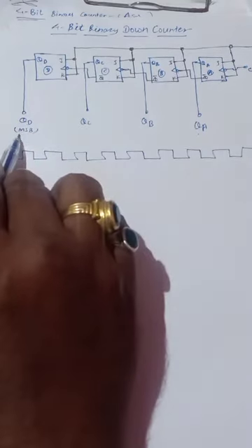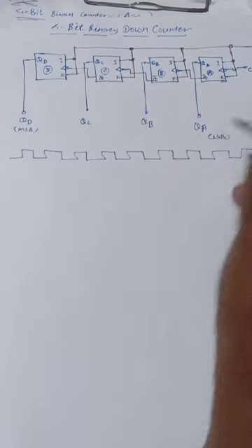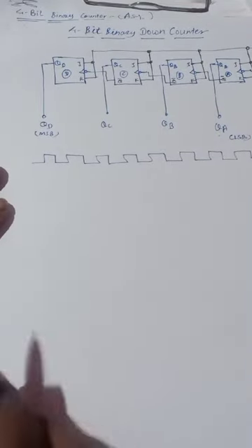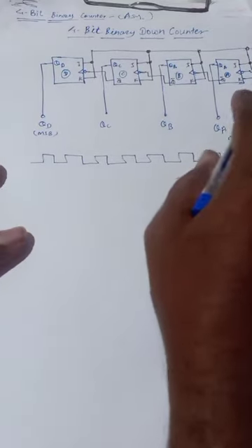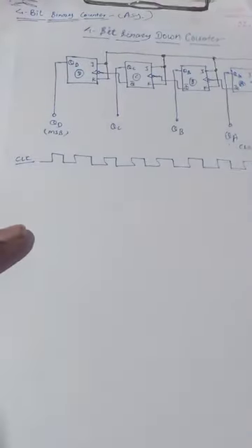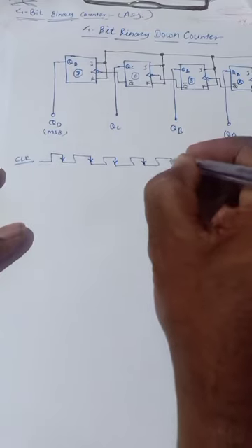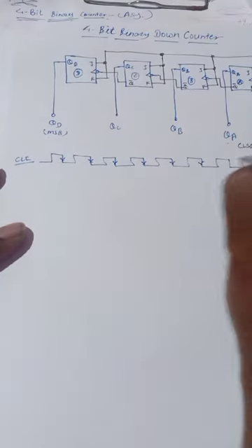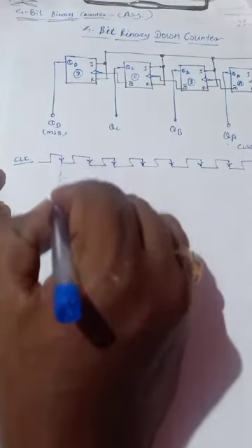So here QD is the most significant bit and QA is the least significant bit. All these are negative edge triggered clocks. So for the clock input, mark the falling edges or negative edges. So you just have to mark the falling edges.